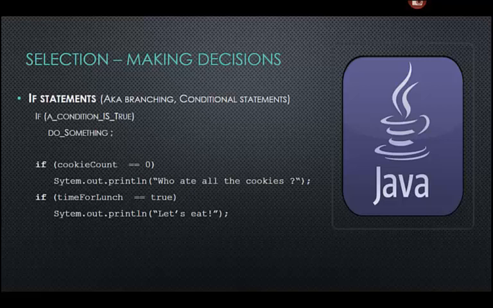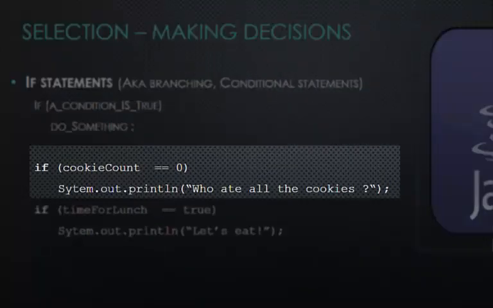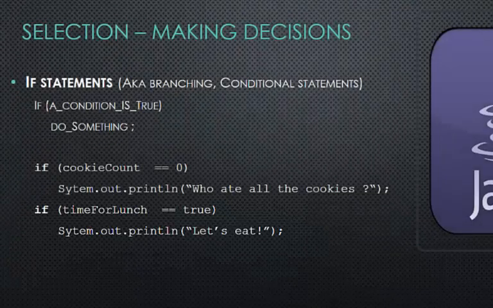Here are two examples of Java code that use if statements. If the cookie count equals 0, then we're going to print a message, "Who ate all the cookies?" If time for lunch is true, then we'll print the message, "Let's eat." Both of these have Boolean expressions.